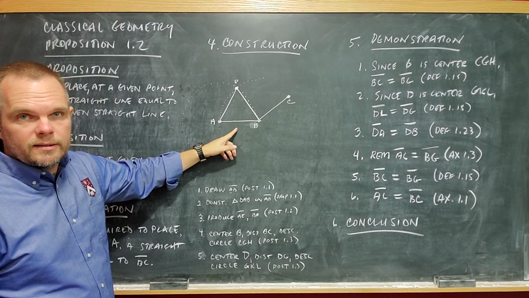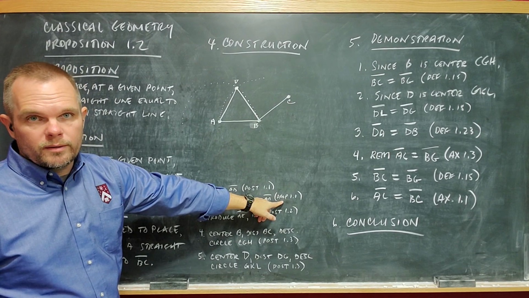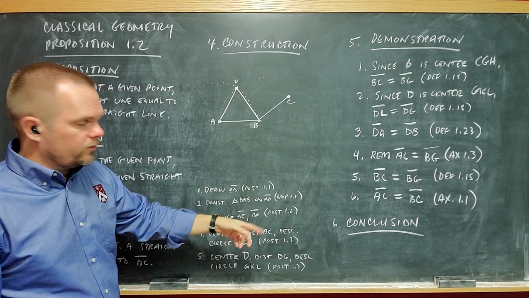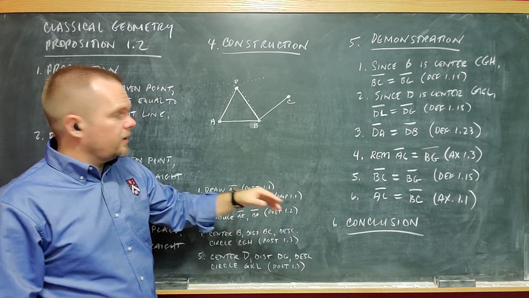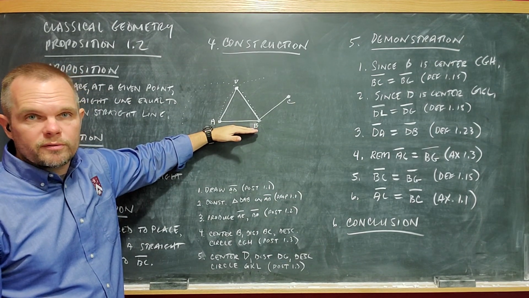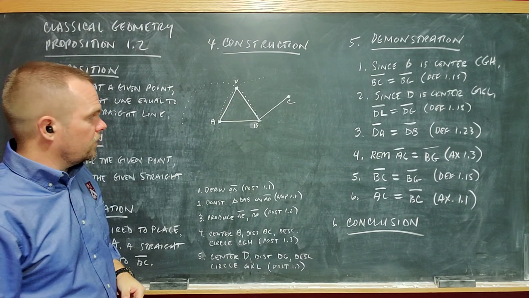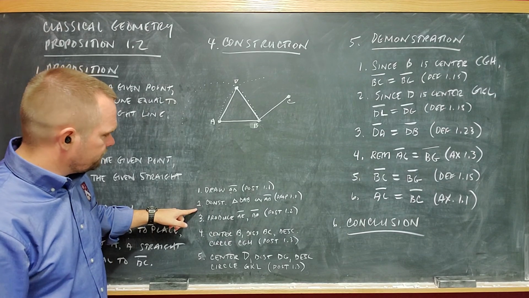And the proof that this is an equilateral triangle is provided in Proposition 1.1. You should remember what the proof was, but if you don't, you can go back and review Proposition 1.1 and see how we constructed an equilateral triangle and how we proved that it was in fact an equilateral triangle. Okay? So we've completed step 2 here.